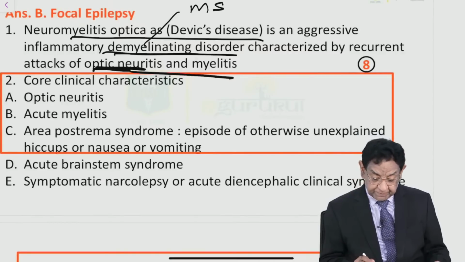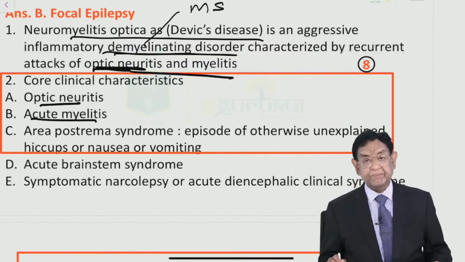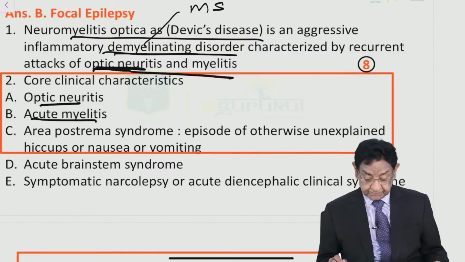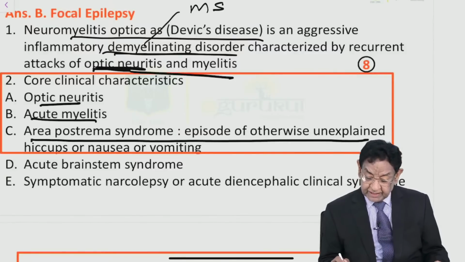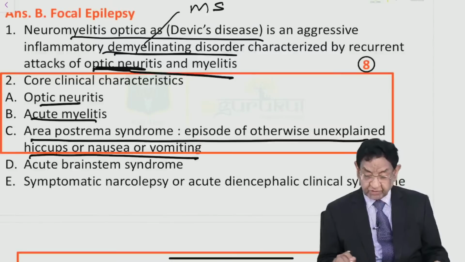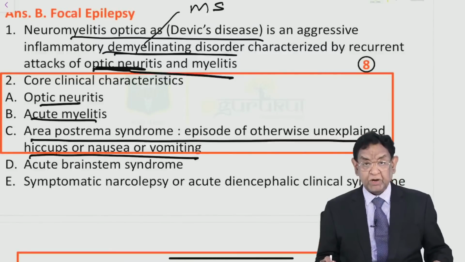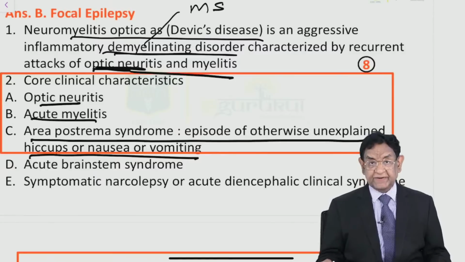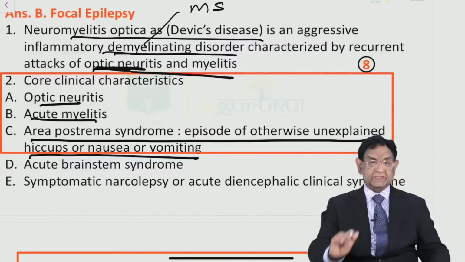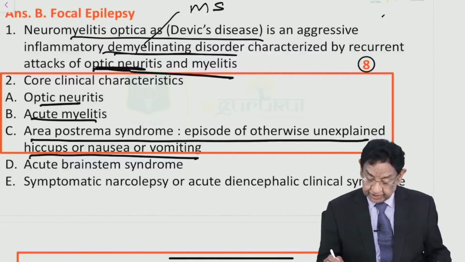The features are optic neuritis, acute myelitis, area postrema syndrome, episode of unexplained hiccup or nausea or vomiting. Make a box of these 3 lines. They are a rank 1 question. More than 95% people do not know this answer.